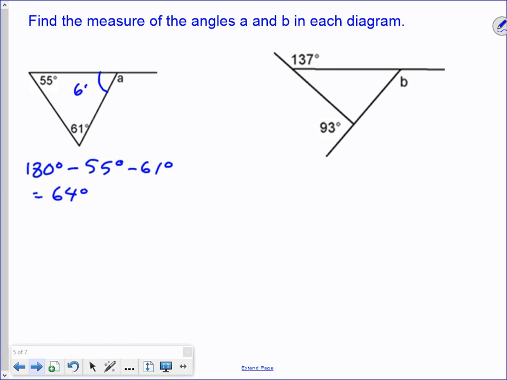Once we know that this is 64, we can easily figure out what angle A is. Angle A is going to be 180 minus that 64, because A and 64 add up to 180 since they form a straight line, which is going to be 116 degrees.